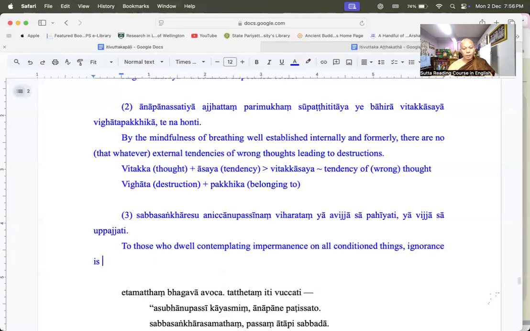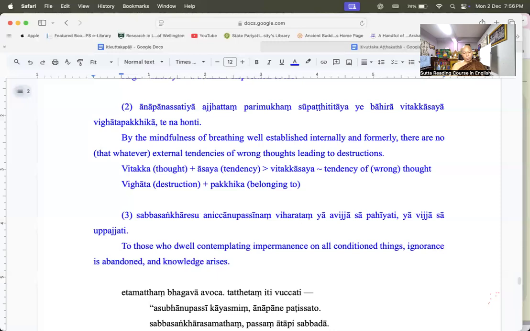And pahiyati we already learned, abandoned. So knowledge arises in this understanding.